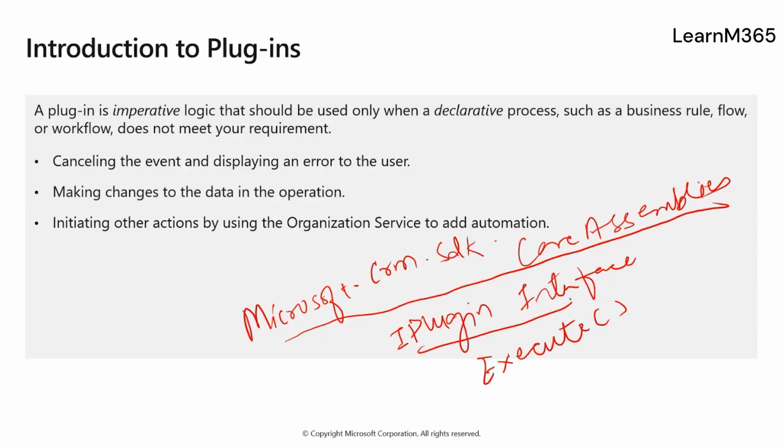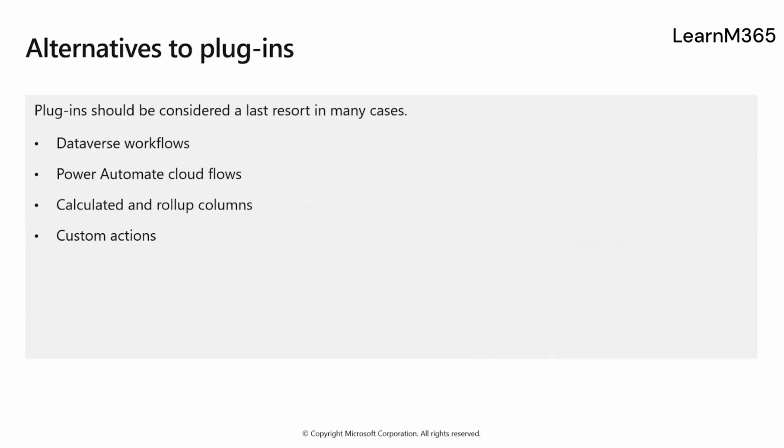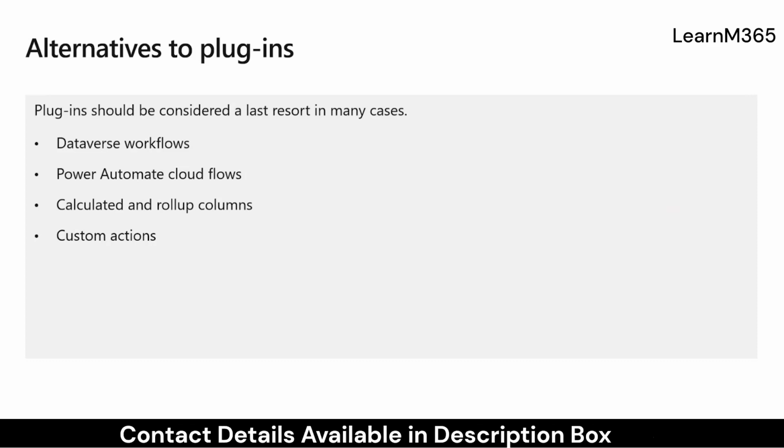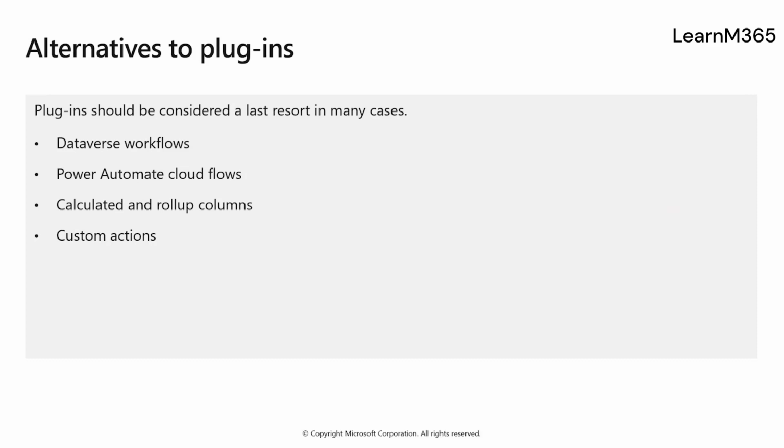These are the areas where you can make use of plugins. Although it is always recommended that if a logic can be implemented using business rules, flows, or calculated columns, then you should go for those approaches rather than plugins. The recommendation is plugins should be considered a last resort in many cases.